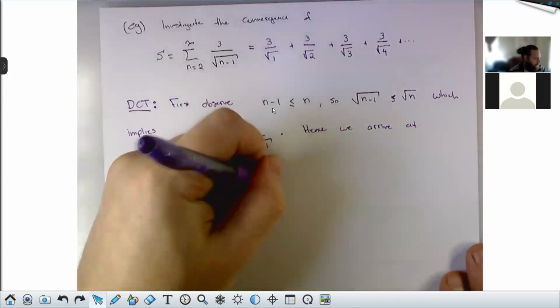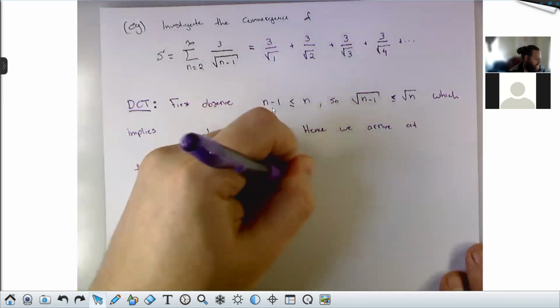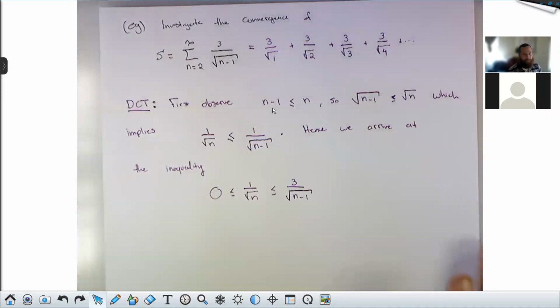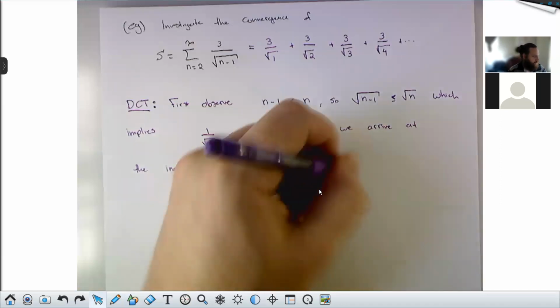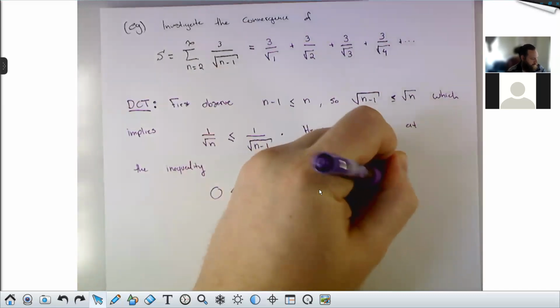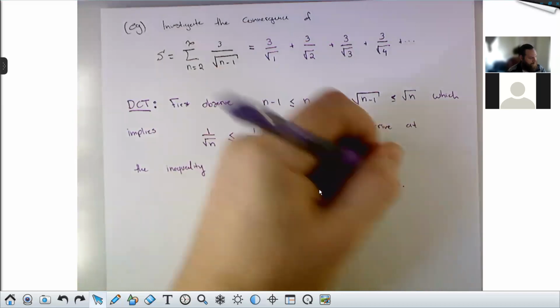If I multiply it by 3, it's going to get bigger still. And this is true for all values of n that the inequality makes sense. This is true for all n greater than or equal to 2.